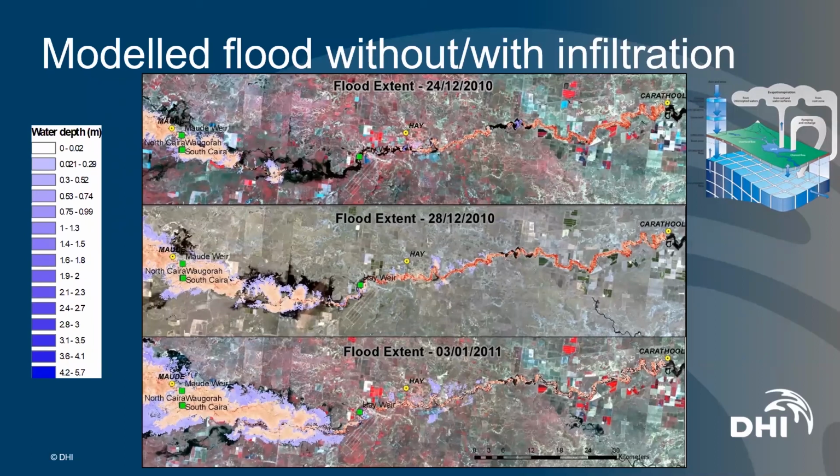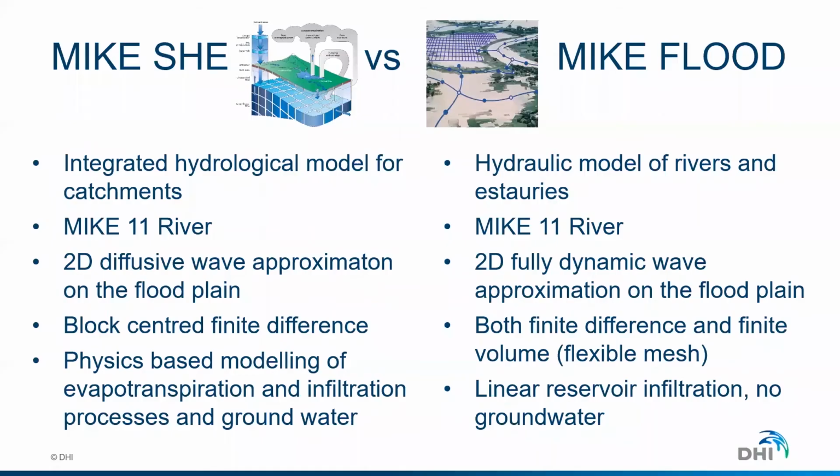But if we're looking at the wetland behavior on a longer scale, then how this water evaporates and drains actually affects the wetland ecosystem, and we'd like to know how much.